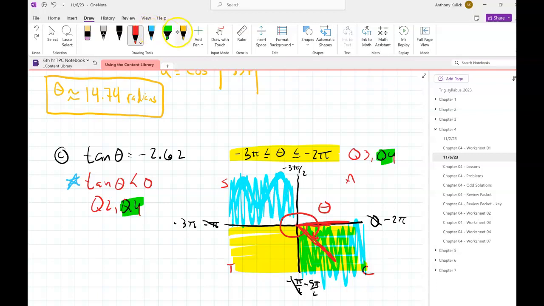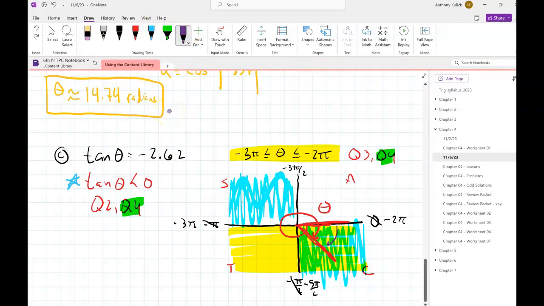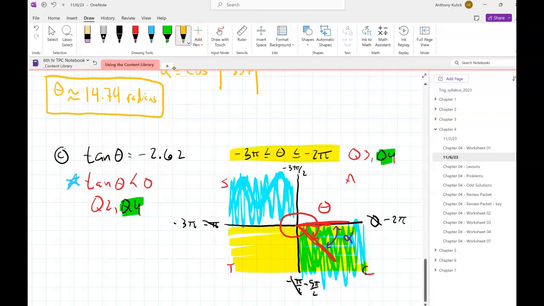So let's draw in our alpha now. Everybody's okay here? So far, so good? So we now need to find an equation that relates theta, negative 2 pi, and alpha.